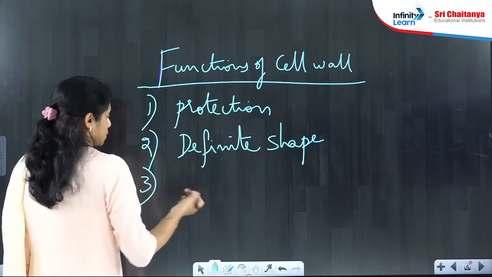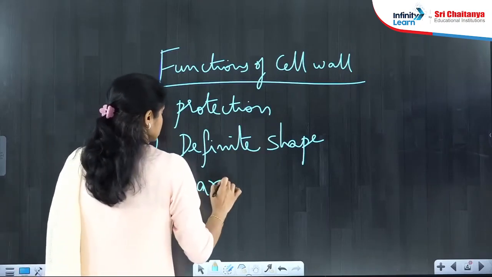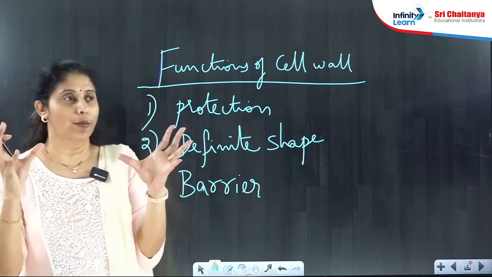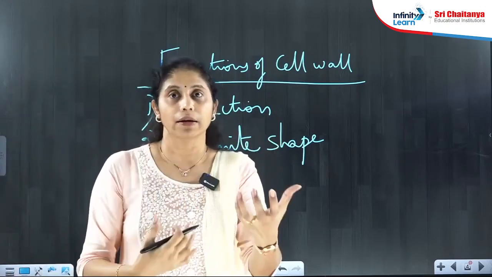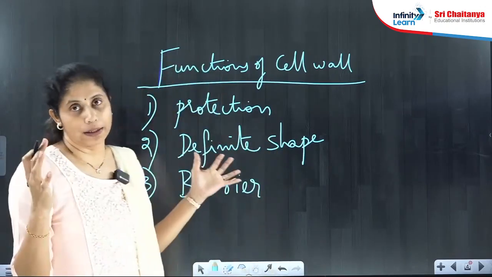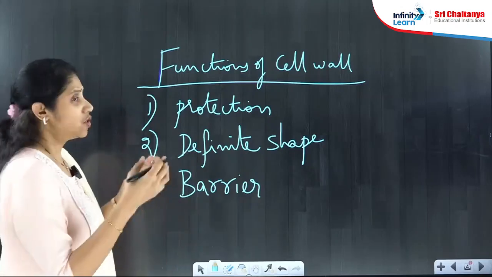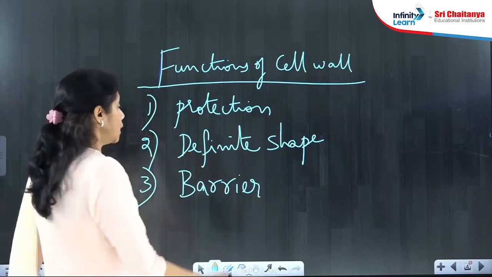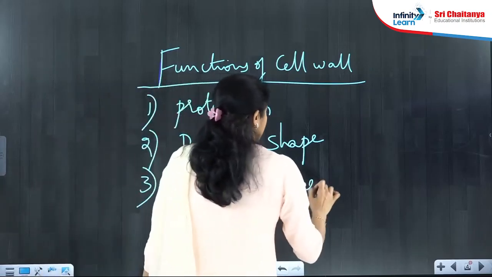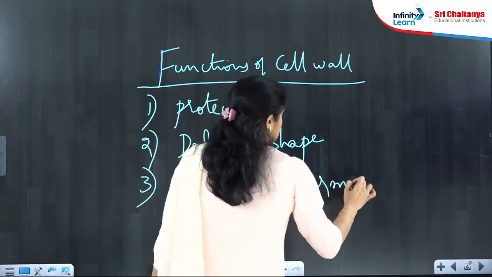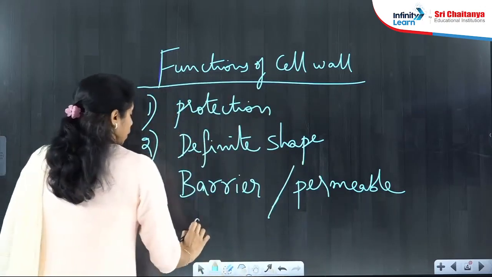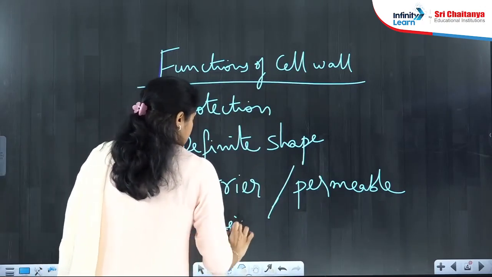And sometimes it acts as a barrier for the big macromolecules. They cannot enter through the cell wall. But in general, the soluble substances can cross a cell wall, and it acts as a permeable membrane, depending on the molecular size.